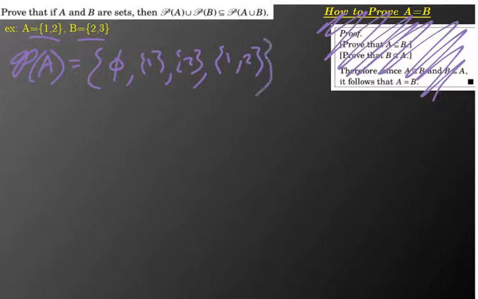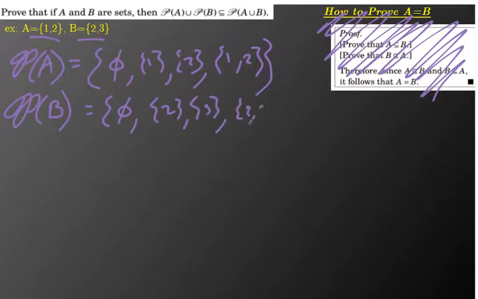That would be the set of all subsets for A. Then the power set of B would be, again, the empty set, which is always a subset. Then you could have {2}, you could have {3}, and you would have {2, 3}, the full thing. This last one you could also write as B, because it's defined as B. This one you could also put just A.